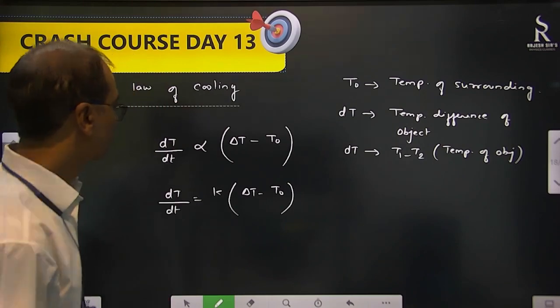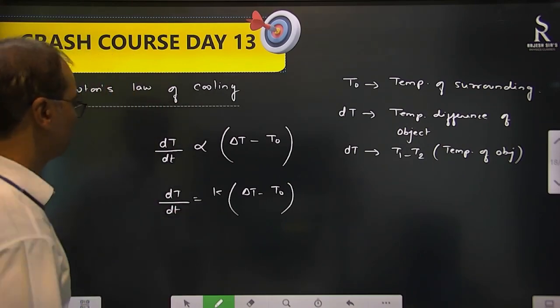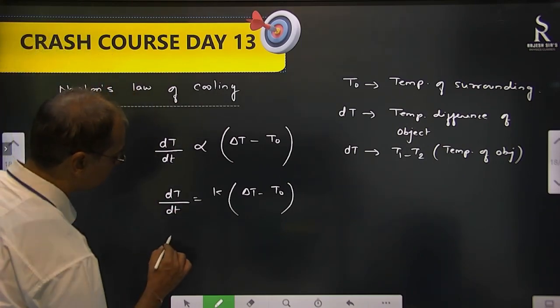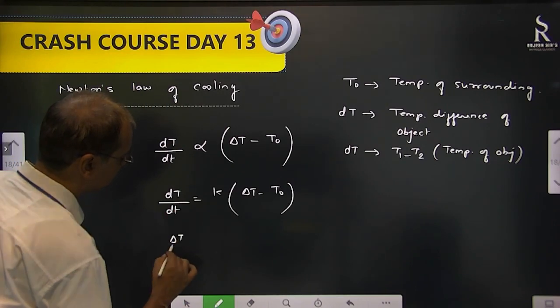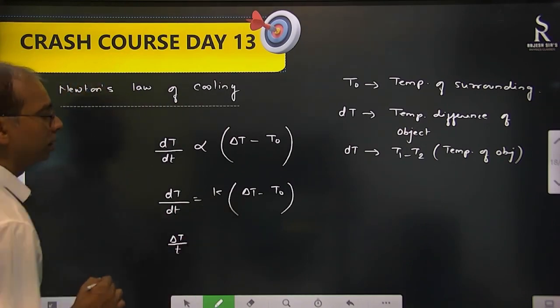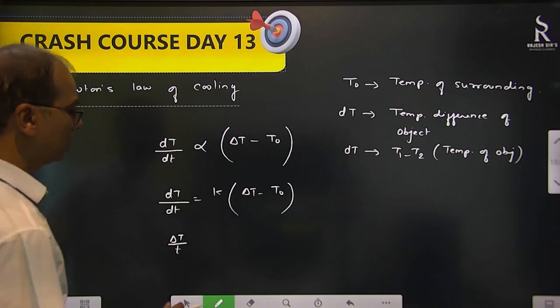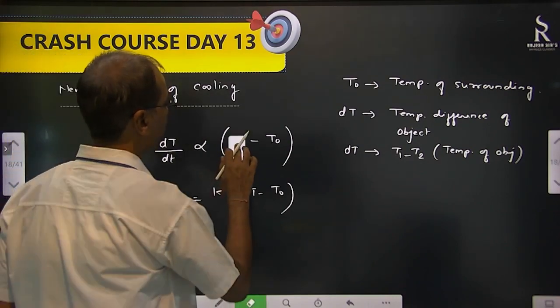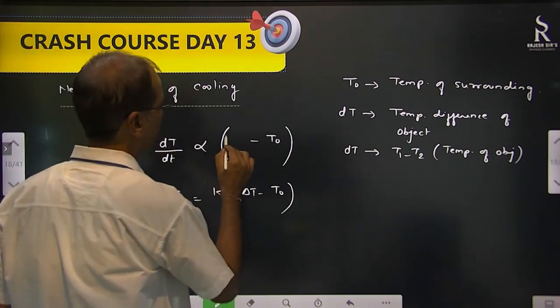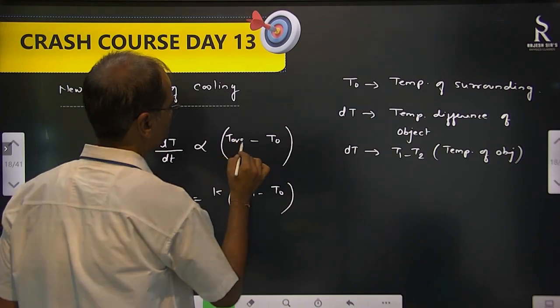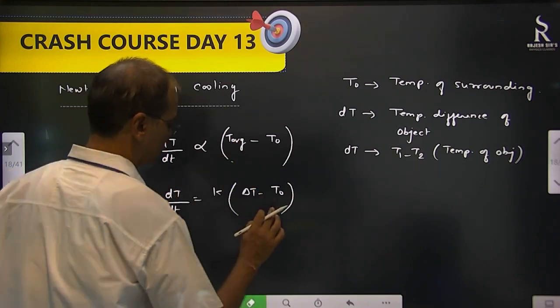That's dT. And dt is time. So shall I write here delta T by t? Yes, why not? And what is this T? Don't write this as delta T, that's what I was thinking. It is T average. Write this as T average.